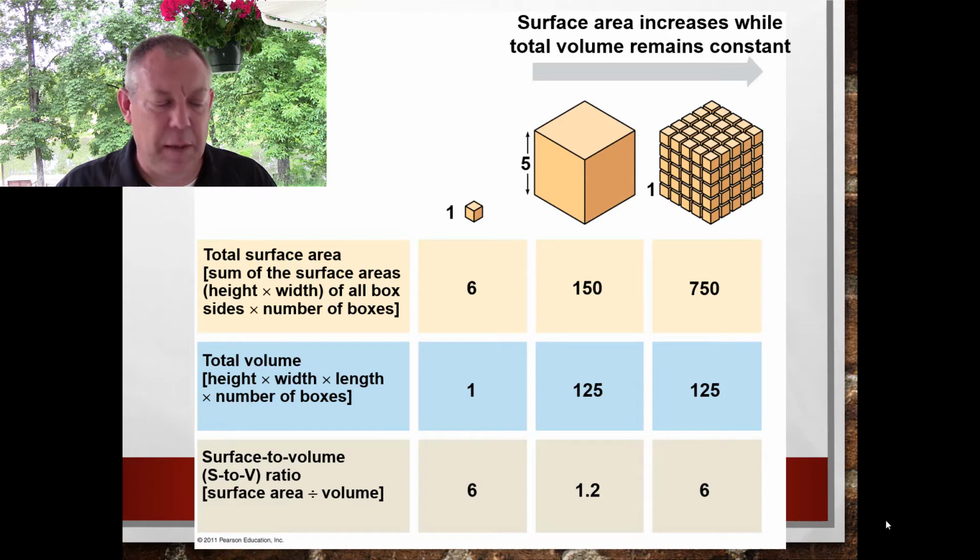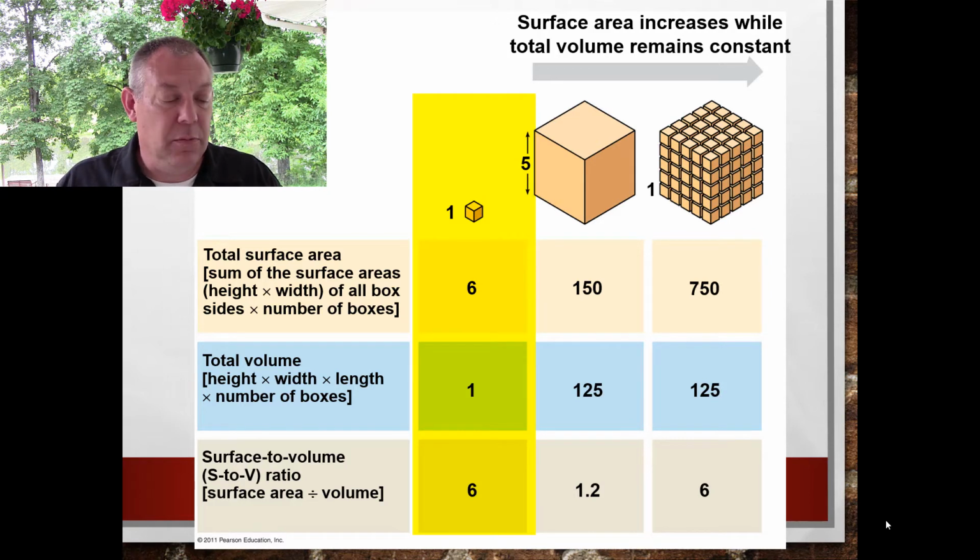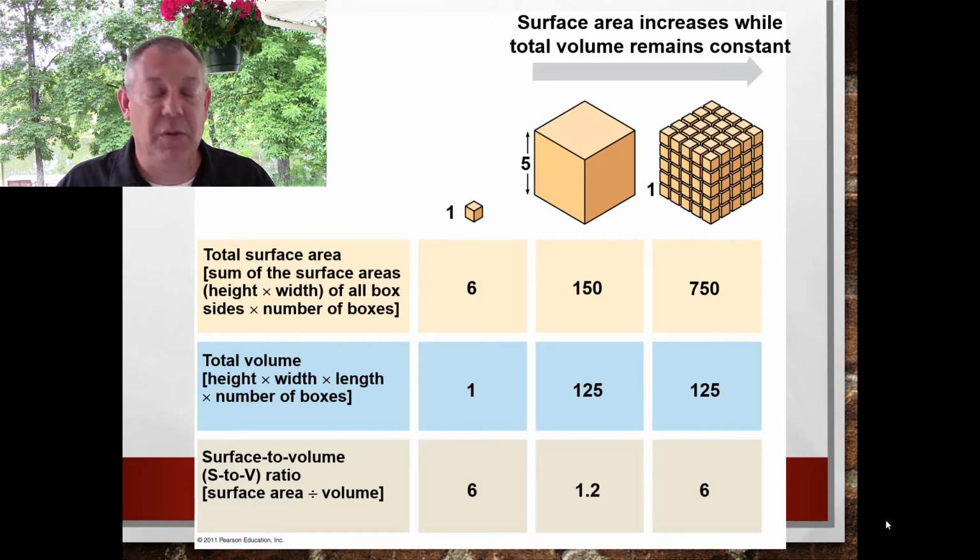So let's look at a simple example. Cells are spheres, but we can illustrate the concept by looking at cubes. So here we've got some different situations, and we're going to compare them to one another. The first column is just a single small cube, with a unit size of 1, say 1 centimeter on a side. It doesn't matter what the units are, but let's say 1 centimeter.